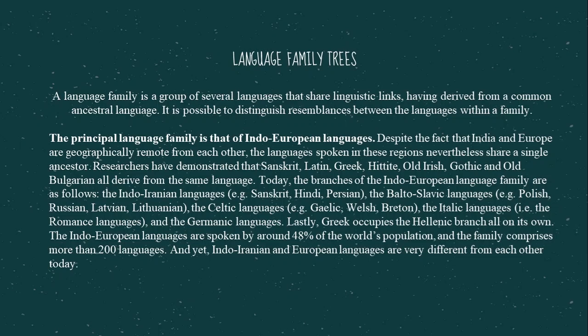Today, the branches of the Indo-European language family are as follows: the Indo-Iranian languages, for example Sanskrit, India, Persia; the Balto-Slavic languages, for example Polish, Russian, Latvian, Lithuanian; the Celtic languages, for example Gaelic, Welsh, Britain; the Italic languages, including the Romance languages; and the Germanic languages.